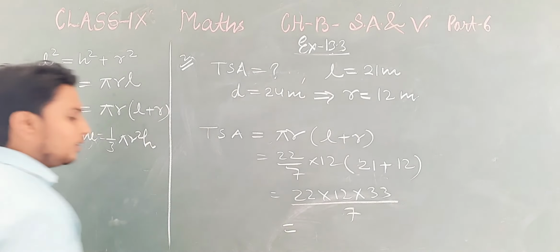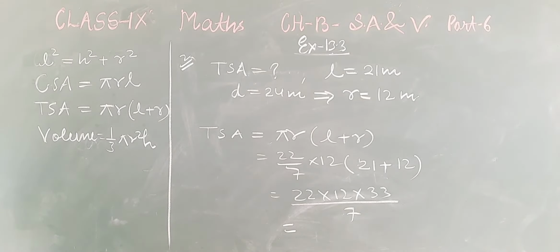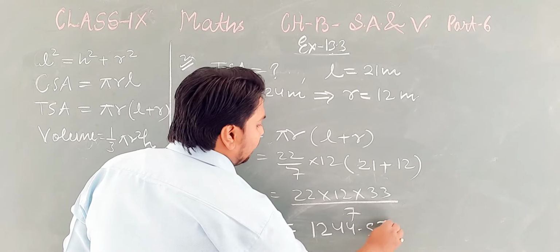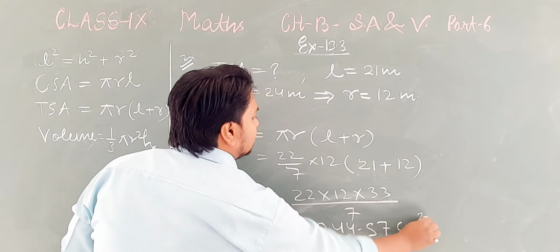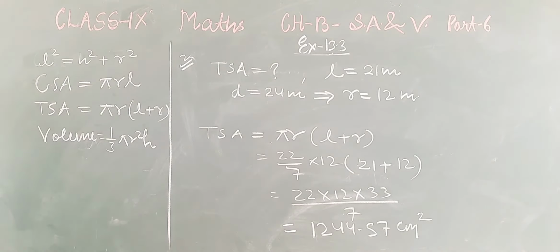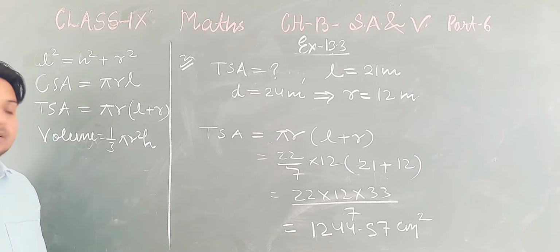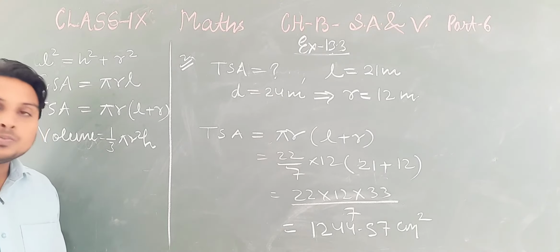You will get 1244.57 centimeter square. This is the total surface area. Do the calculation in your rough side of the copy, and you will get this result. Just pause the video and note it down.